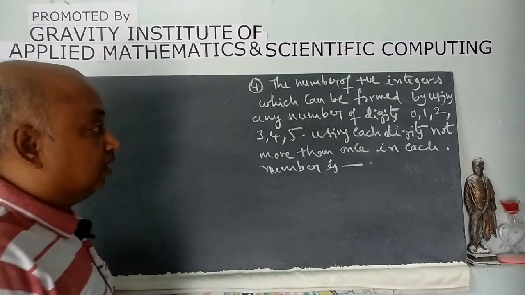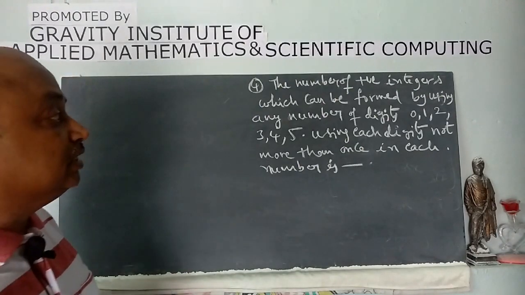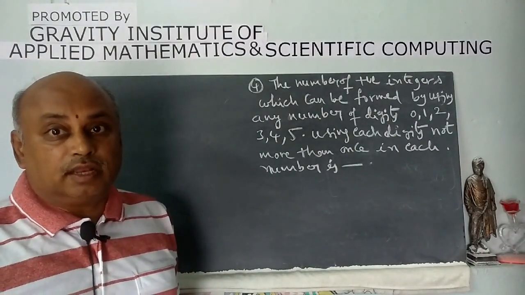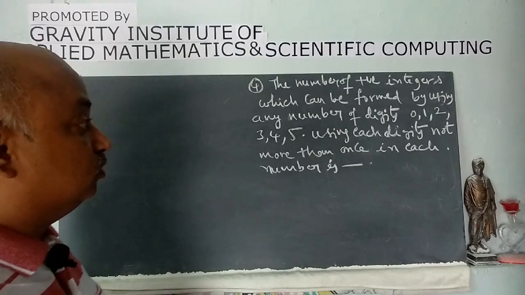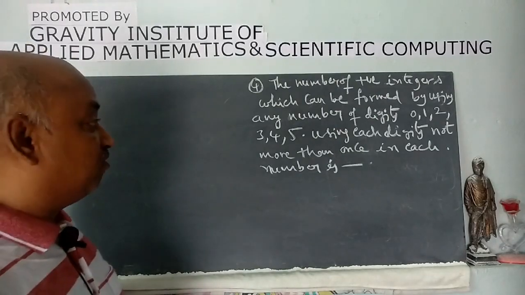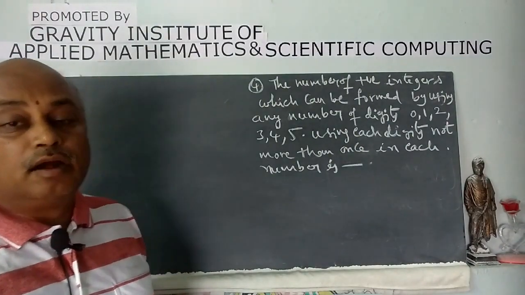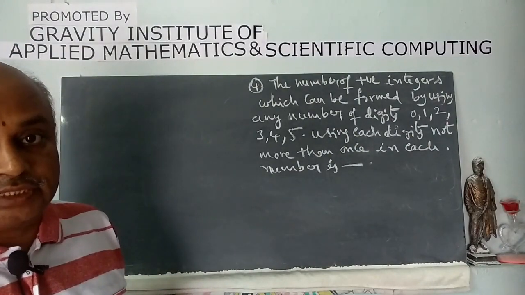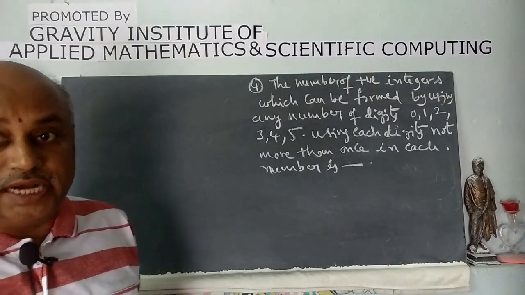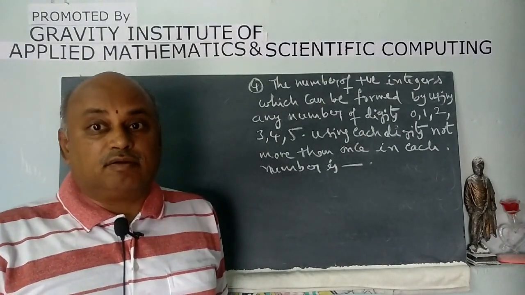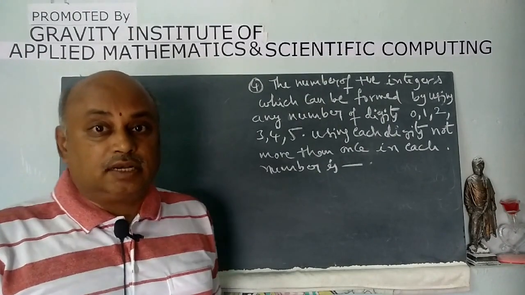Here the condition is using each digit not more than once in each number. Then what is the total number of positive integers which can be formed by using the digits 0, 1, 2, 3, 4, 5 subject to the condition.